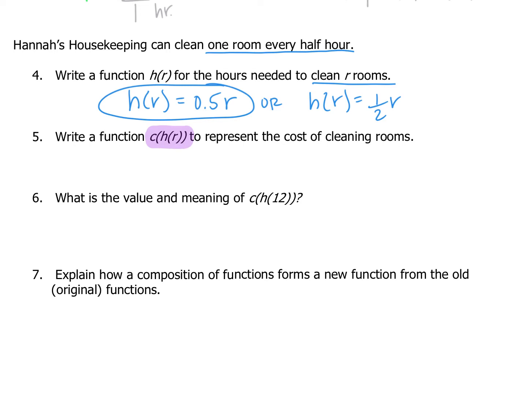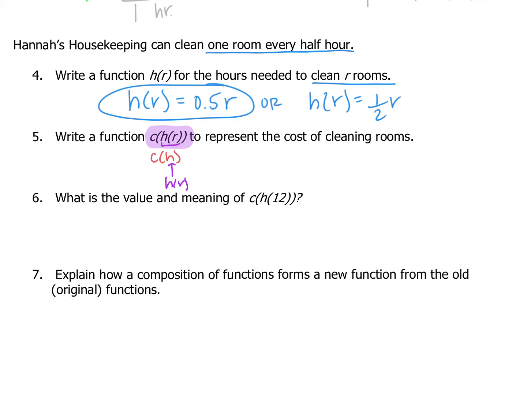What I'm really looking at is I have this function c of h from previously, right? I have that from above, c of h. And I'm looking to put basically what I wrote in for h of r inside there. That's kind of the notation we're looking for here.